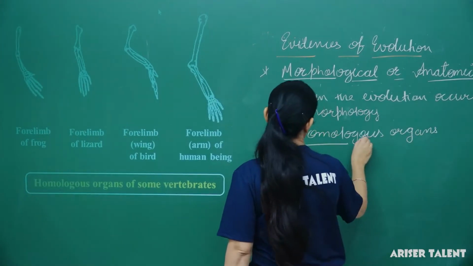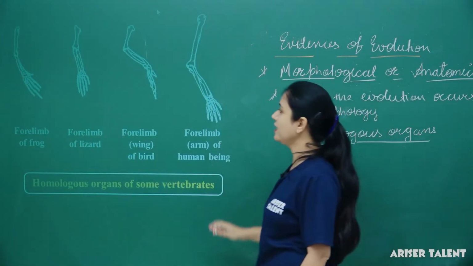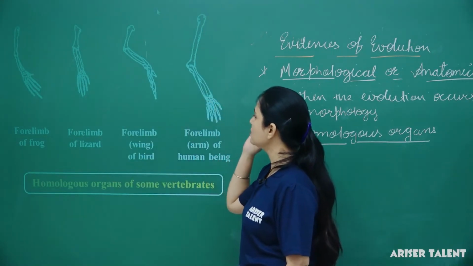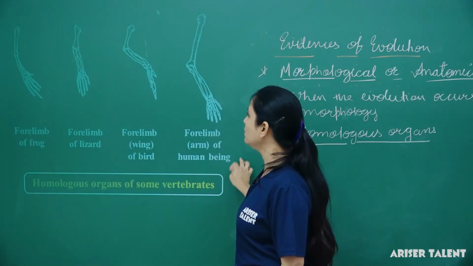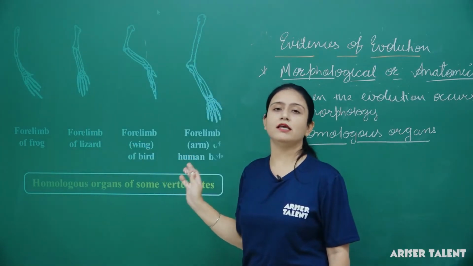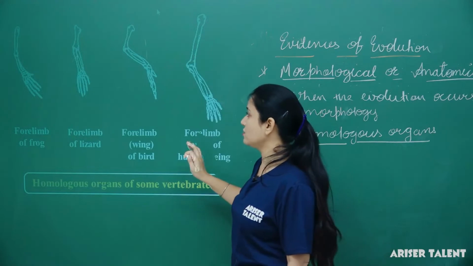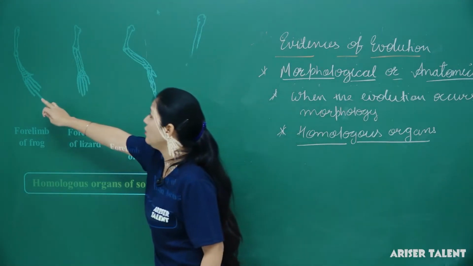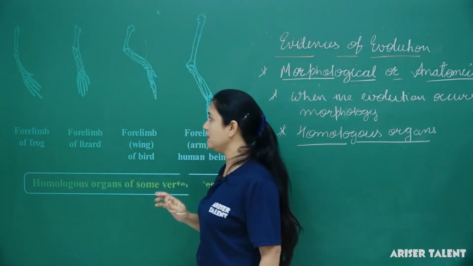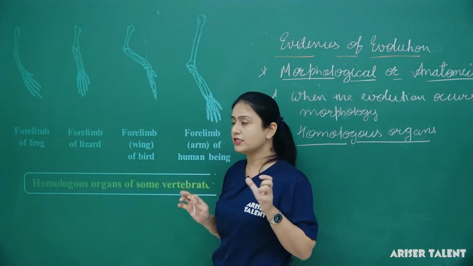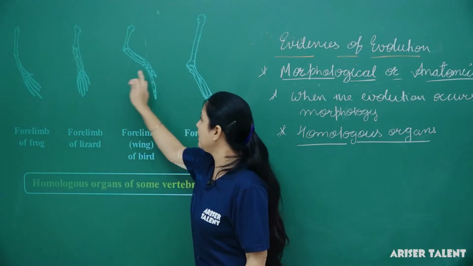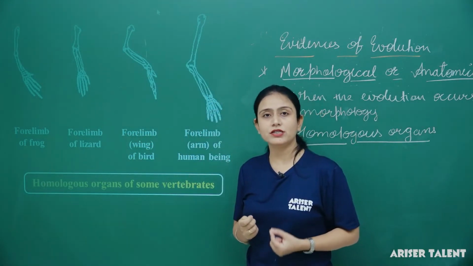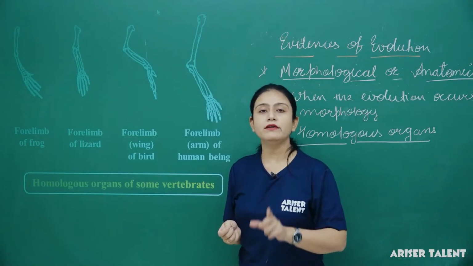Homologous organs in the vertebrates. Here we can see that the forelimbs of frog, lizard, bird and human beings are the same in structure, means their origin is the same. Why are these the same? They all have pentadactyl limbs, means they have 5 digits in the limbs. So we can see that their basic structure is the same, but they perform different functions.